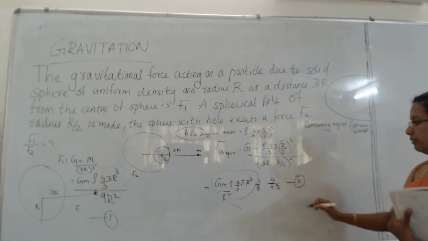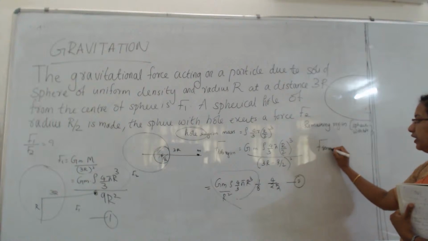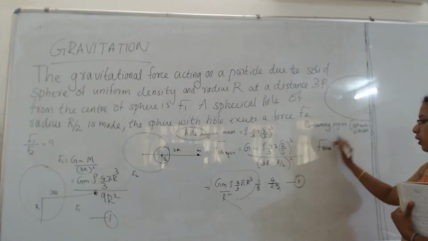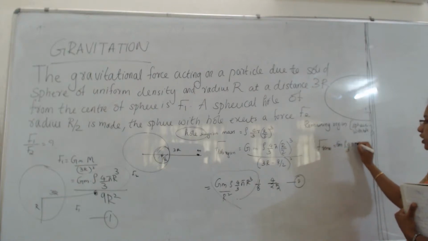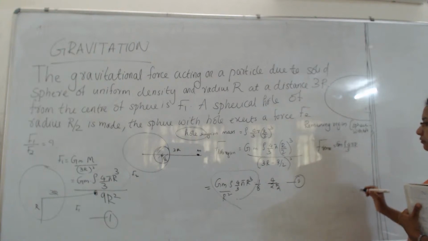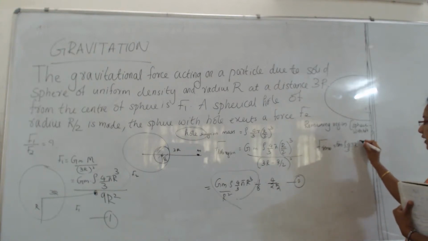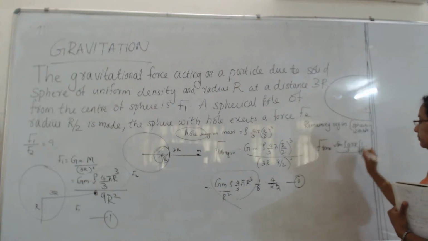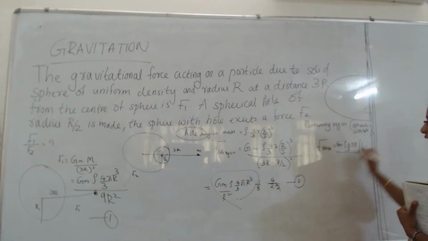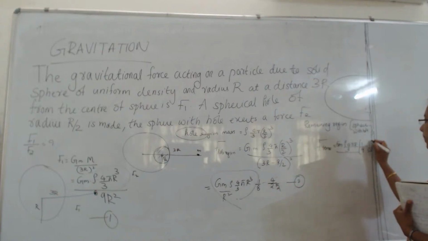This is nothing but, I can write here the remaining region, with all the constant terms, G m rho 4 by 3 pi r into, the first one is 1 by 9 minus, if you cancel these two, this is 1 by 50.